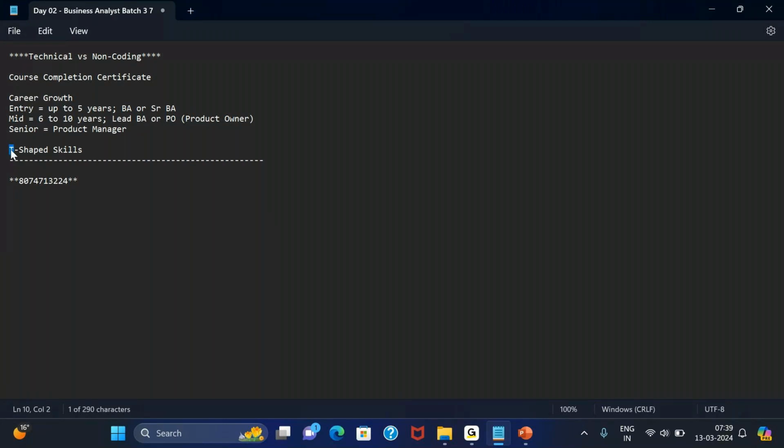The horizontal bar represents that you should have knowledge of different skills. The vertical bar in the T represents your expertise: out of the different skills that you have, there should be at least one skill where you are an expert.